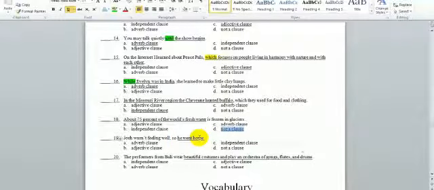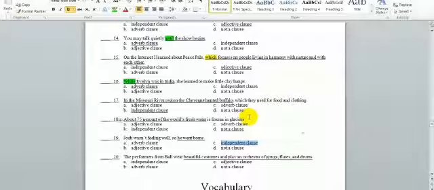It is not a dependent clause. Actually, it is an independent clause. Because if you read it, guys, he went home. No problem. Yes, I could understand it individually as a sentence.